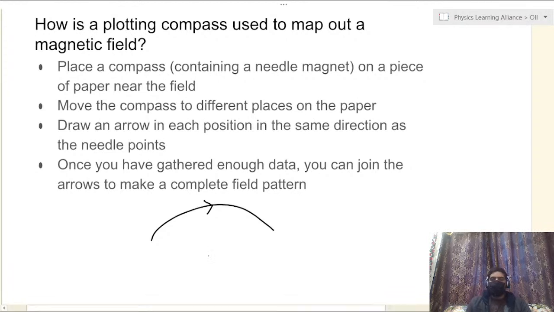But with the iron sprinkle method, you'll get only this. This is what you get with the compass, and this is what you get with iron sprinkle. Now you're not sure if the line has to be drawn forward or the magnetic field line is pointing backward. So you're not sure about it with the iron sprinkle method.